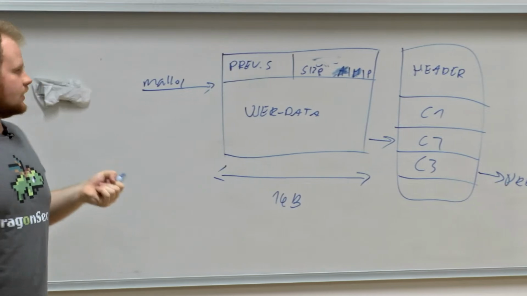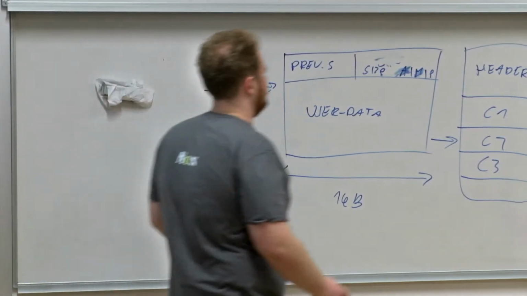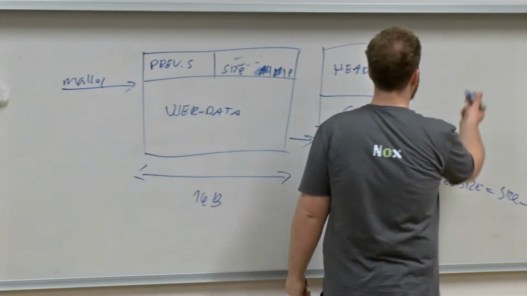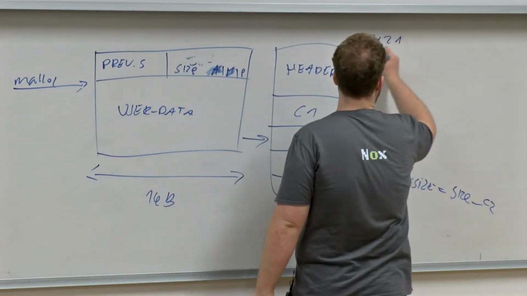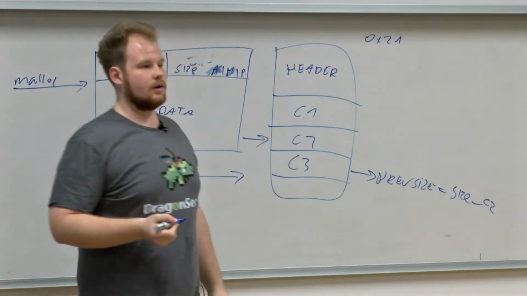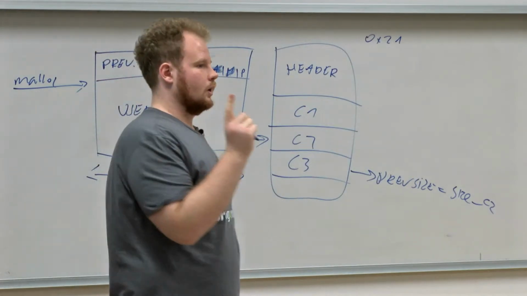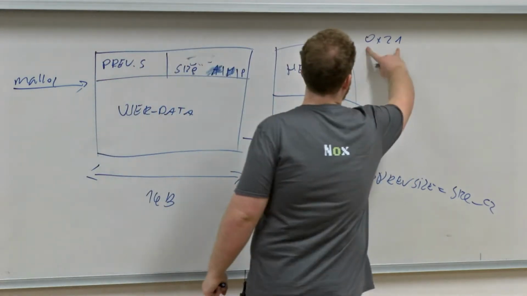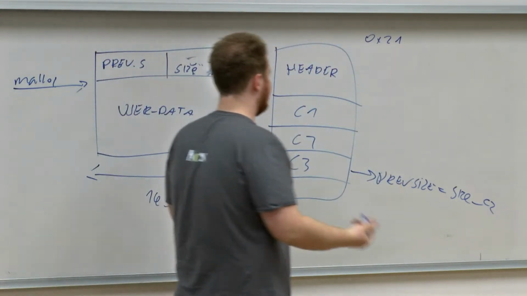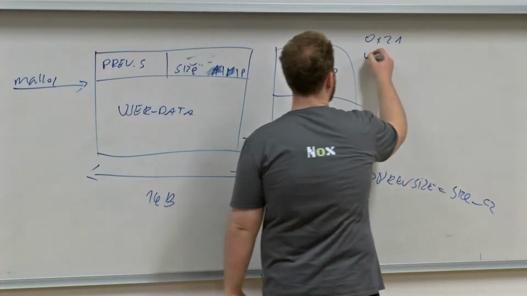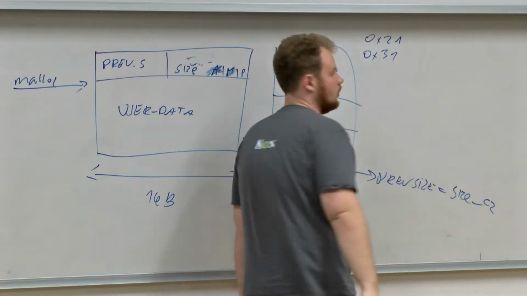So the size value is always 16-byte aligned. For instance, the smallest chunk possible that you can allocate is hex 21 in size. Even if you say malloc 1, malloc will always return you at least this size chunk. And the next size that is possible to obtain is this one.